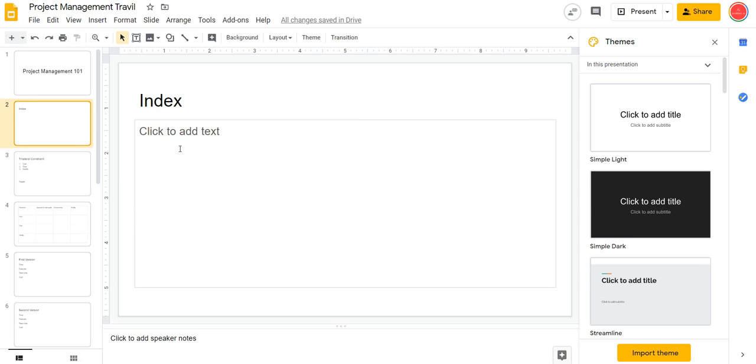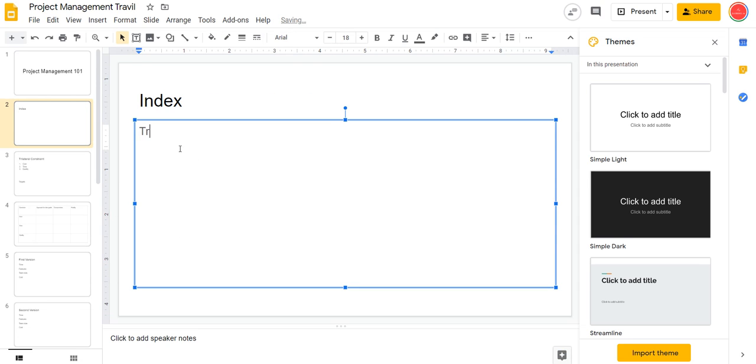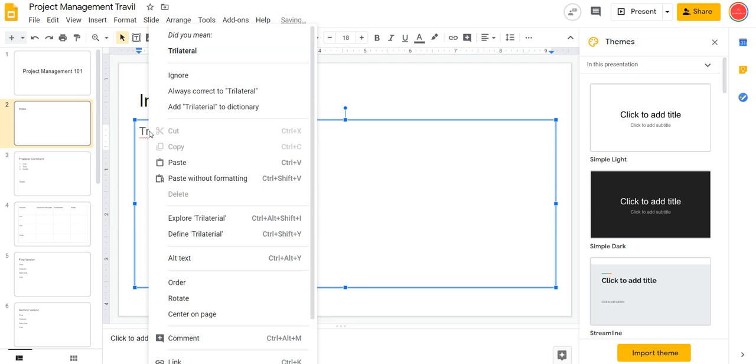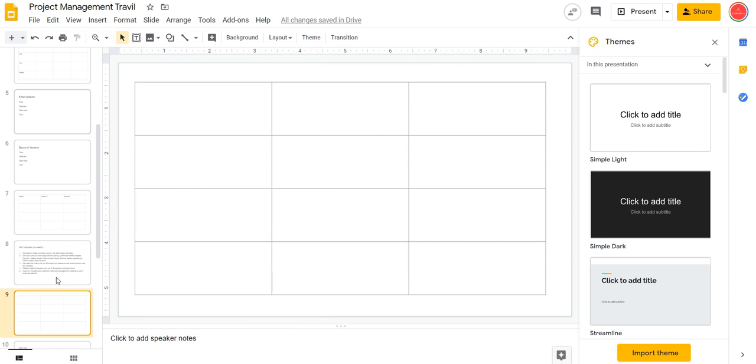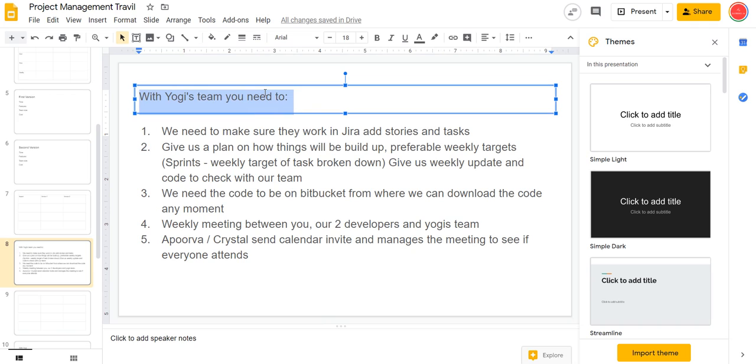We have to also fill in the index. So the first would be trilateral constraint, and so on. Then version information, then we have to give this a better head. Contractual worker requirements.